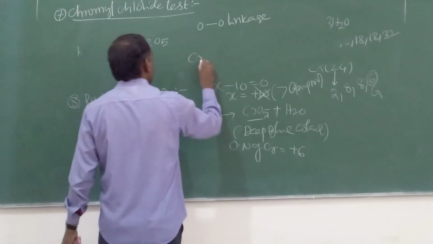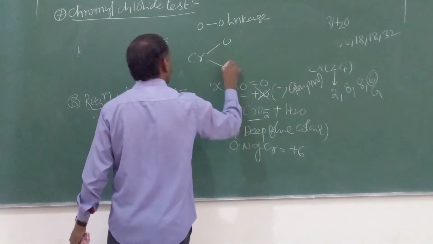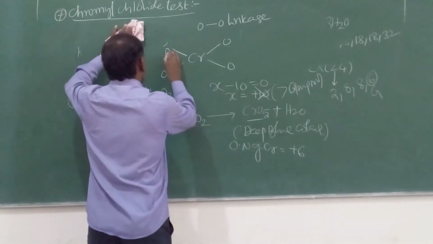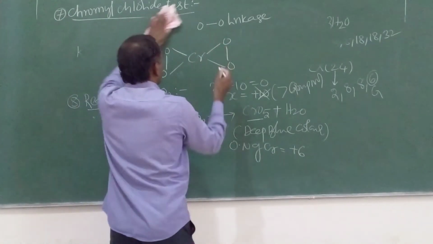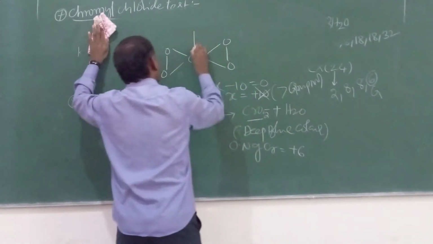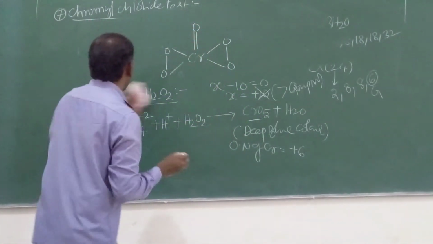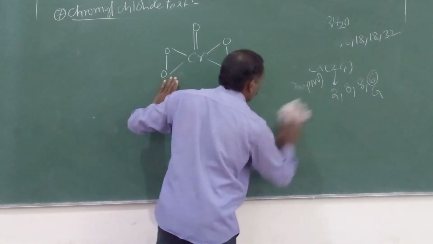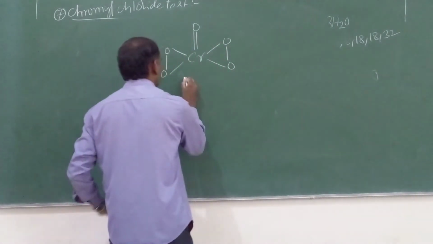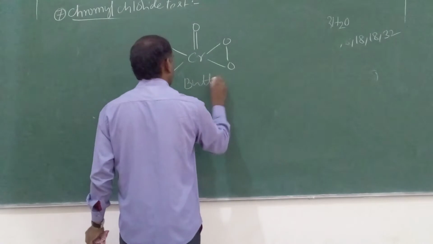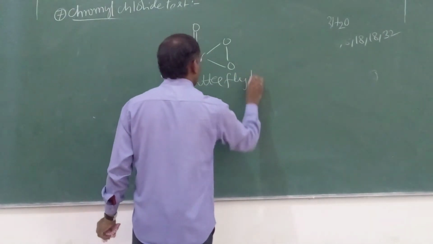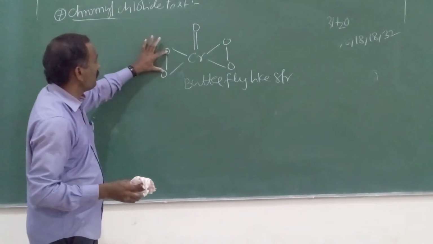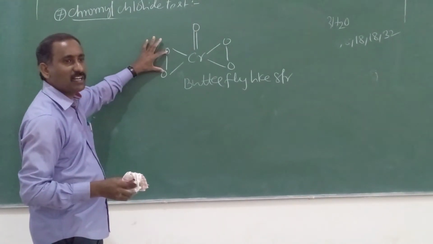If you observe the structure of CrO5, below that you have written the structure of CrO5. In first year redox we practiced this. This is the structure of CrO5, a butterfly-like structure. See here, the OO linkage is known as peroxy linkage.